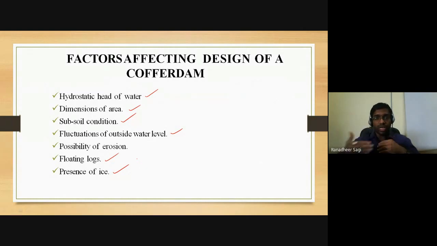And if it is in a moving condition, if the glaciers are moving through the cross section where your cofferdam is to be constructed, then the force transferred by that moving ice onto the surface of the cofferdam is going to be high. So you have to take care of those forces coming onto your cofferdam walls. Depending on that, you take up the design of that particular cofferdam construction.